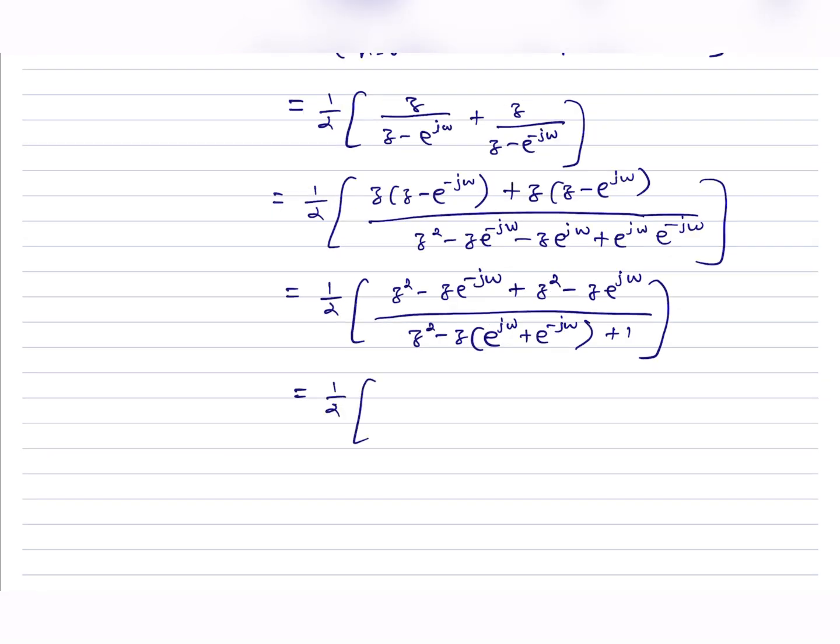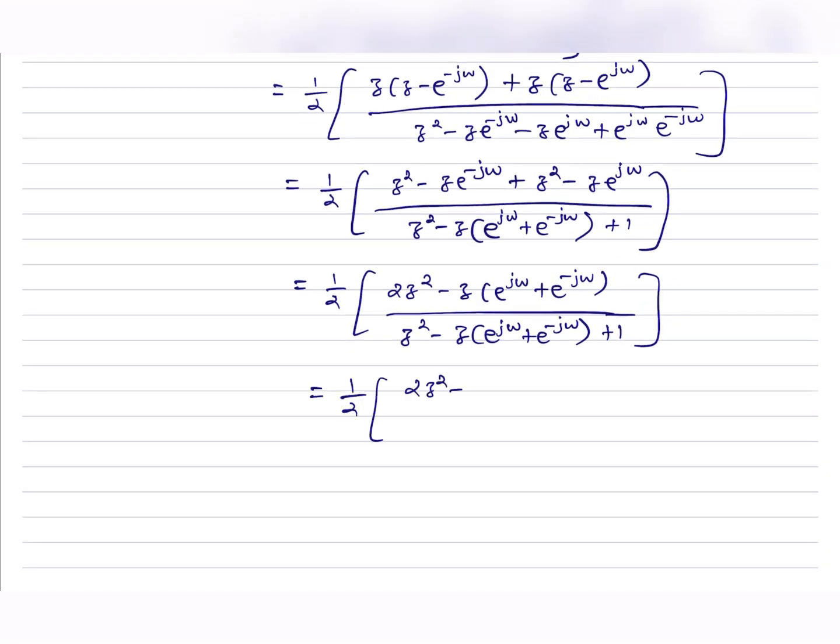Of course, you have 1 over 2, and z square plus z square is 2 z square, minus, pulling out z, e to the j omega plus e to the minus j omega, by z square minus, pulling out z, e to the j omega plus e to the minus j omega, plus 1. Now substitute the values of the exponentials in terms of cosine.